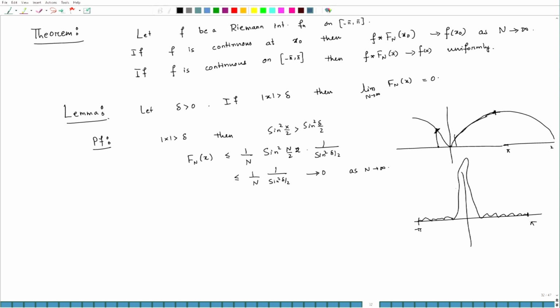Now, if I go for large n, this distance would be very small, and it will go like this. Therefore, the area under this curve away from 0 is going to be negligible for large n, and that is what we are going to exploit in order to get the result of Fejér's theorem. So, now the proof of the theorem.